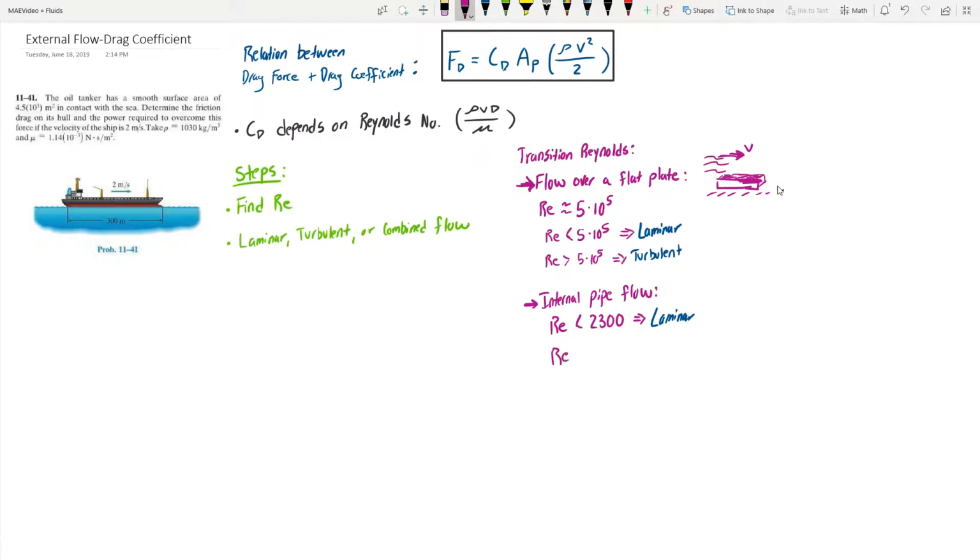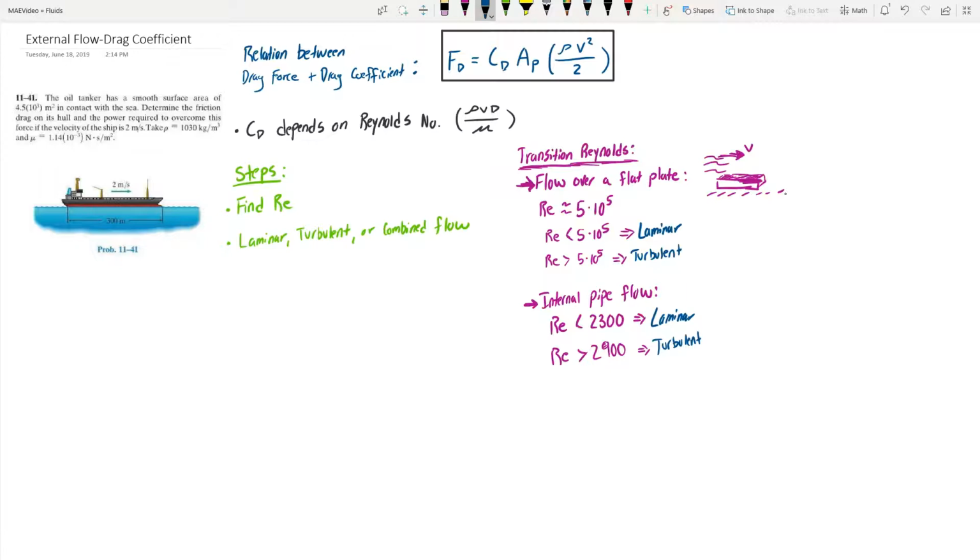And if the Reynolds number is greater than 2,900, then it is turbulent. Anything from 2,300 to 2,900 we call the transition region, and there's no true way of knowing whether it's laminar or turbulent in the transition region. You would have to go with another approach to find that.